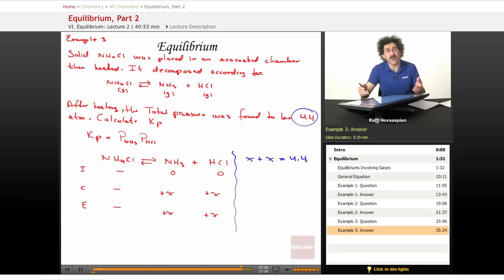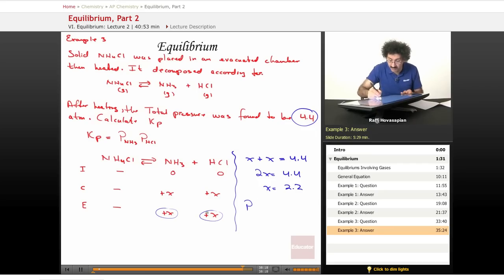They're telling me that the total pressure in there is 4.4 atmospheres. That has to be made up of the amount of NH3 gas and the amount of HCl gas. Well, that's even because they're forming in 1-to-1 ratio. So 2X is equal to 4.4. X is equal to 2.2.